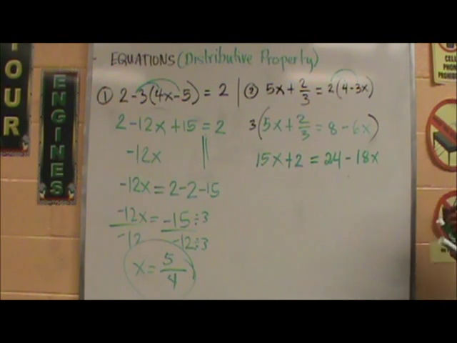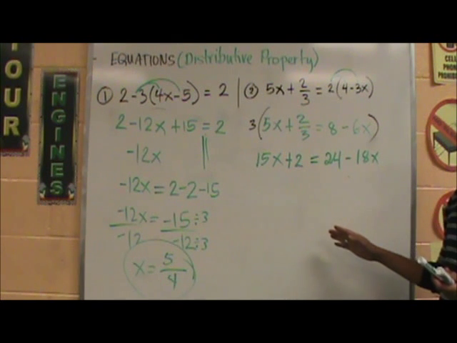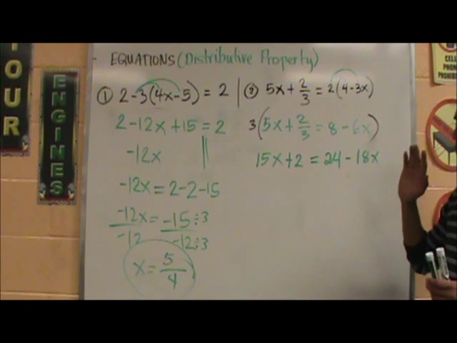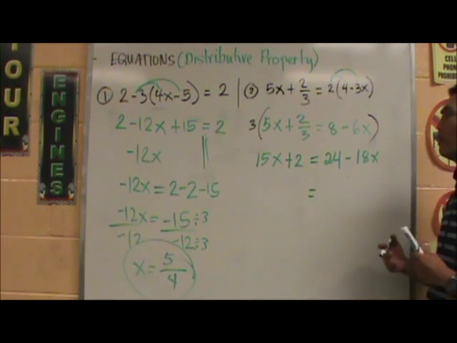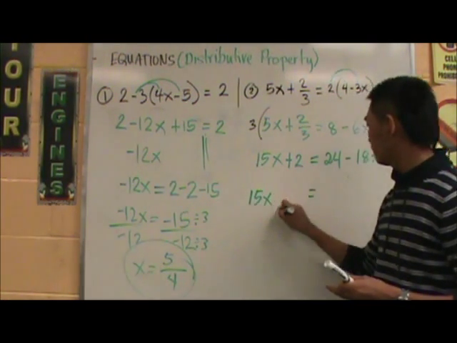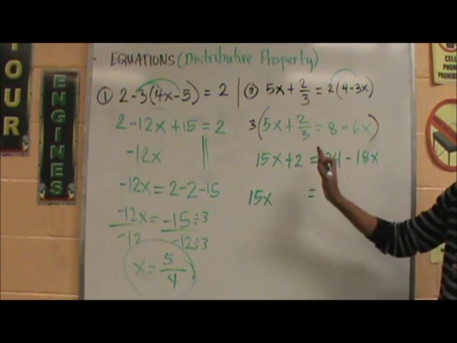Now, I'm getting tired of drawing the bridge. If you want to draw the bridge, just go ahead and draw the bridge. But this time, I feel comfortable solving it without the bridge. So I'm just going to use my mental math by changing that x again. I want both x's on the left side of the equal sign.